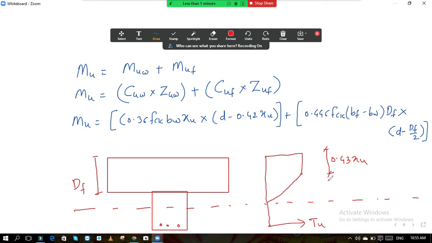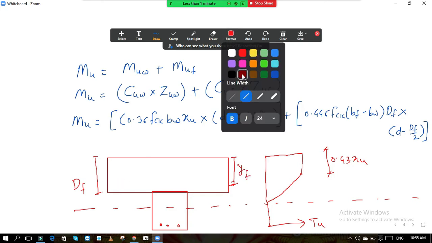In this case, whenever Df is greater than 0.43 xu, for the whole depth of Df the stresses will not be uniform. So we take one certain depth, near to Df, which we call yf.